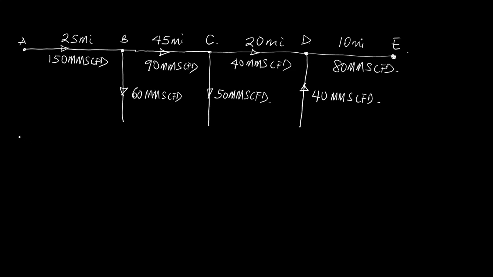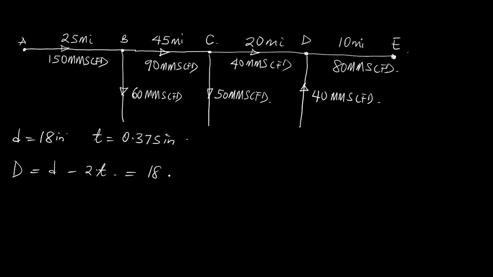Our D is 18 inches and our wall thickness is 0.375 inches. Now let's calculate d, the internal diameter, which is equal to D minus 2 times T, the wall thickness.